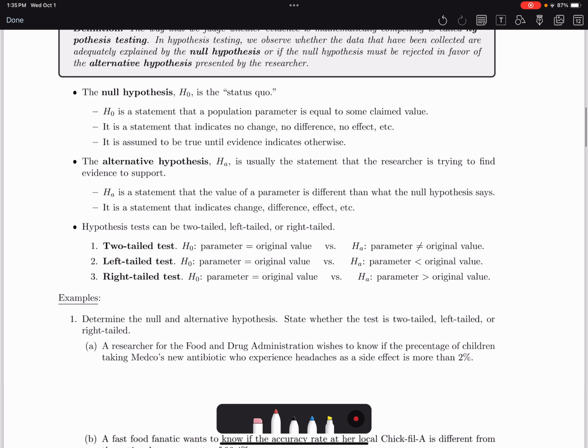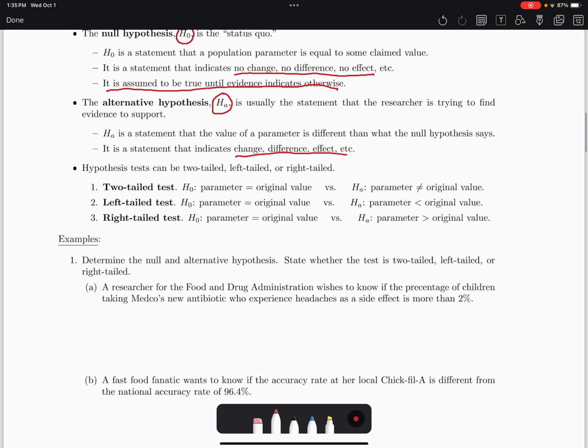When running a hypothesis test, we can run them two-tailed, left-tailed, or right-tailed. And what that means is, notice that in each case, the null hypothesis is the same, right? The null hypothesis is always that whatever parameter you're testing, whether it's a proportion or a mean, equals some value.